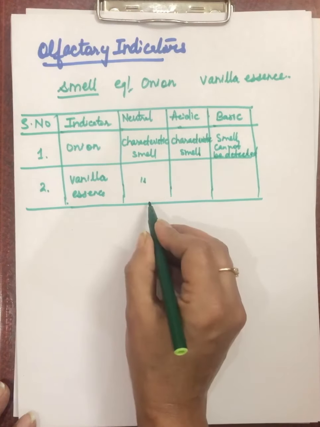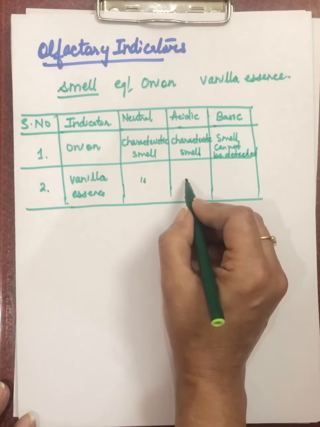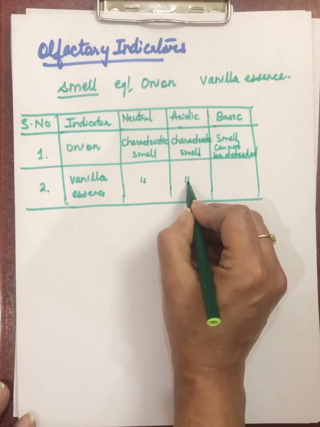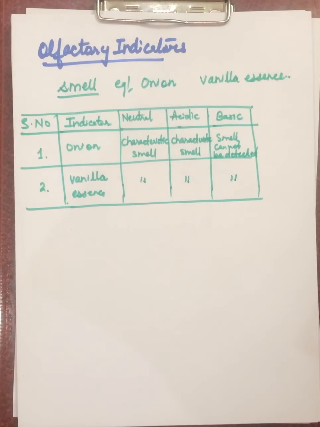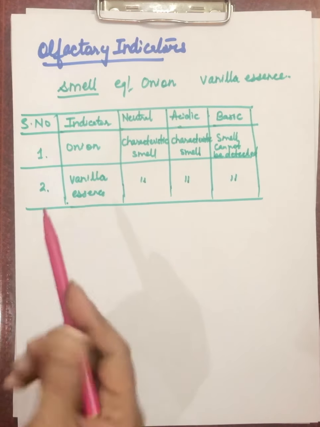Same result we have with vanilla essence. In acidic medium, we can smell its smell, while in basic medium, its smell cannot be detected. So like this, we can use olfactory indicators to find out whether the given solution is acidic or basic in medium.